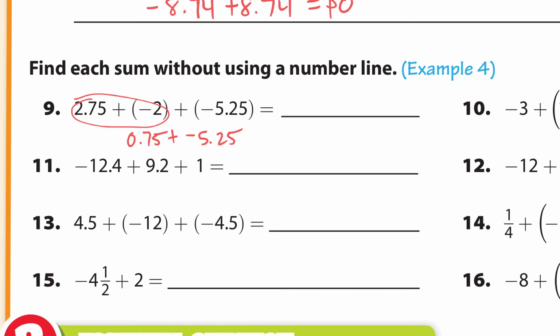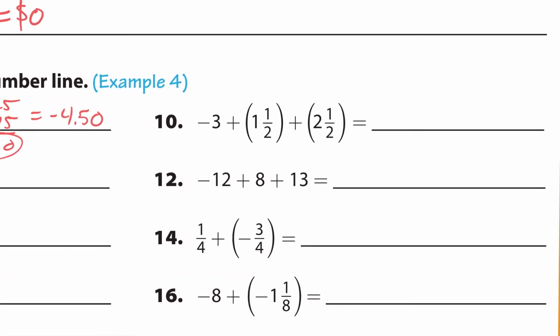They're different signs. So 5.25 minus 0.75 is 4.50. And it's going to be negative, because I'm eyeing this right here. It equals negative 4.50.